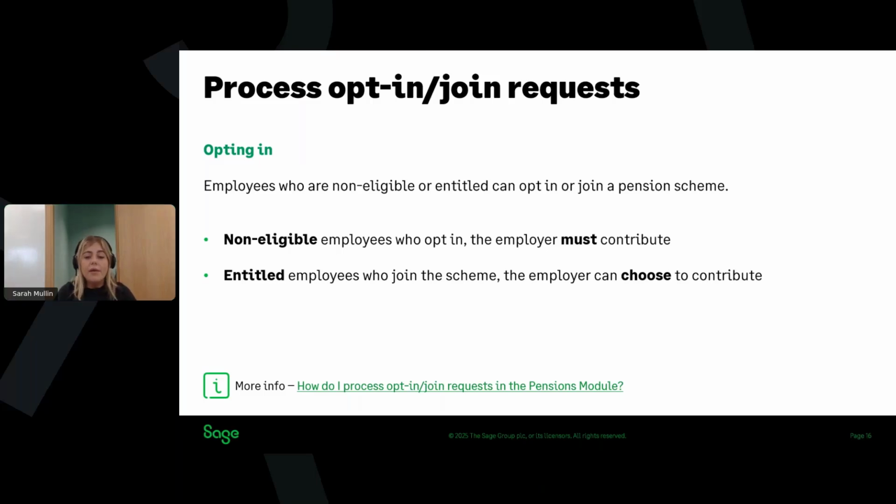So both types of employees, non-eligible or entitled, would need to make the request in writing. And then once you get that request, you will process it in the pension assessment. So main difference with these ones is non-eligible employees, the employer has to contribute. Entitled, the employer then has that choice whether they want to or not.